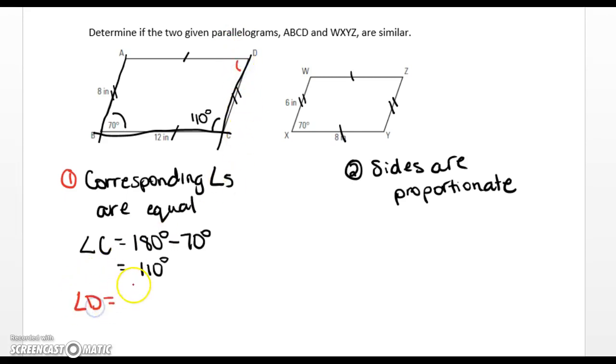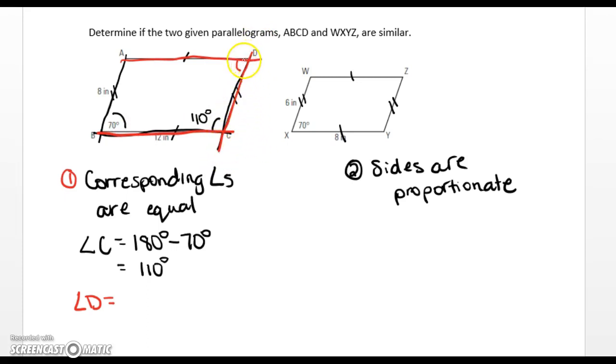So angle D here. Here we're going to have to look at two different parallel lines. So this time we can use line DC. That could be cutting line CB or BC and line AD. So here we have two main lines that are parallel, AD and BC, and the transversal in this case will be line DC.